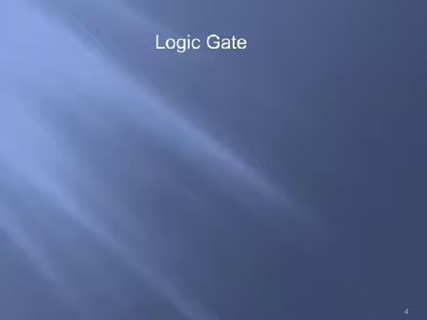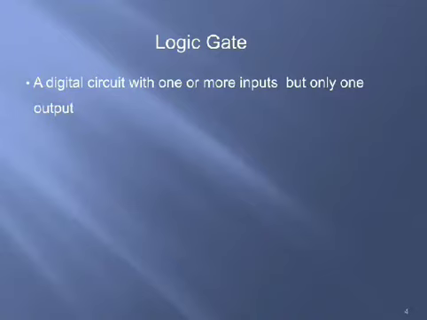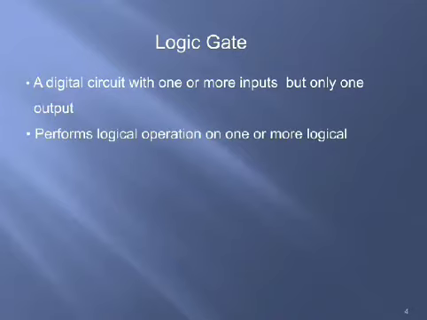And in today's lecture we will mainly concentrate on logic gates. A logic gate is nothing but a digital circuit with one or more inputs and only one output. It will be accepting one or more inputs, and it will be producing only one output. That is the basic definition of a logic gate.